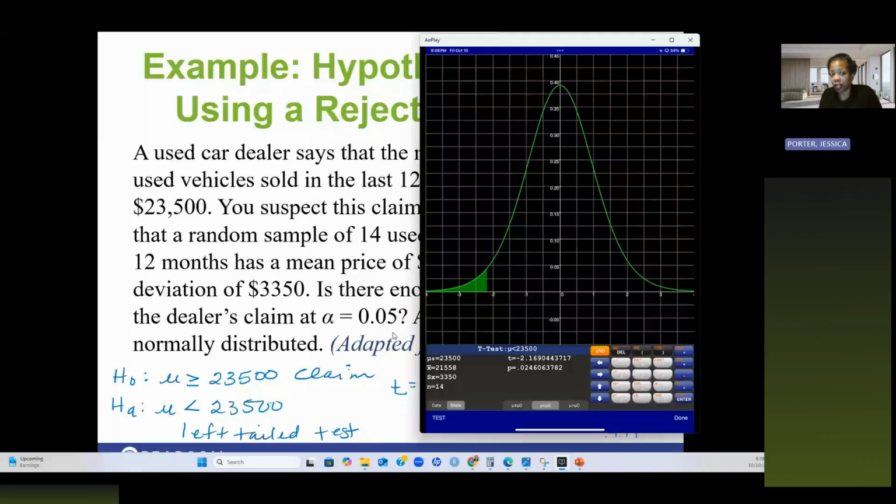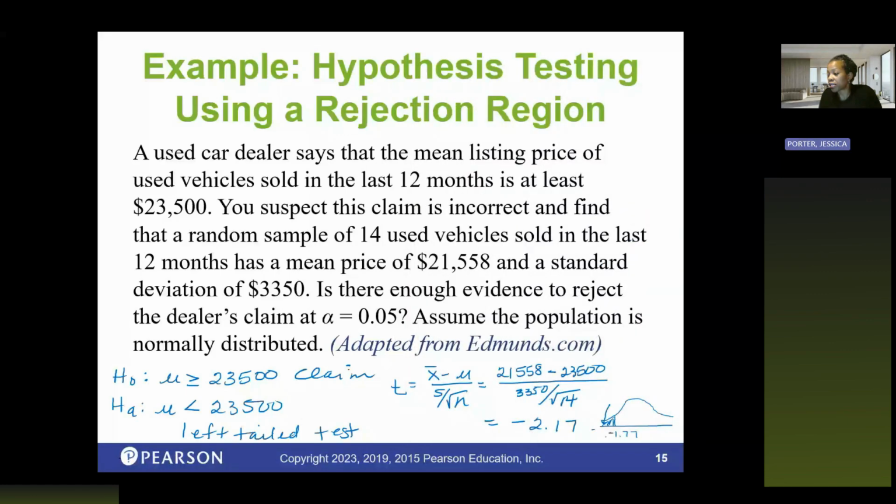So that also tells us we're going to reject the null hypothesis, along with what we did with our graph to tell us where the rejection region is. And we talked about that last week. H sub 0 is the claim, and we're rejecting. So there is enough evidence to reject.